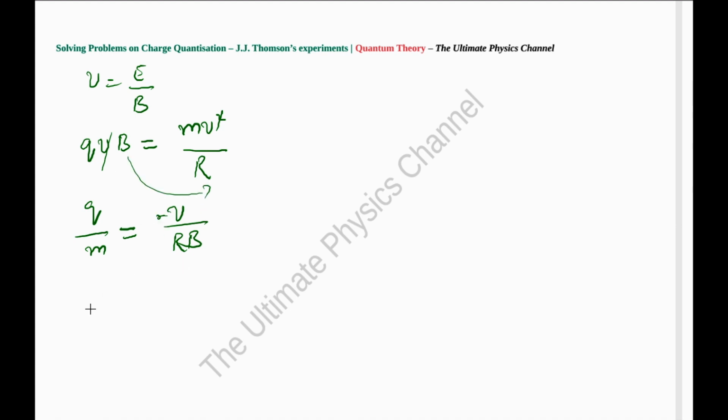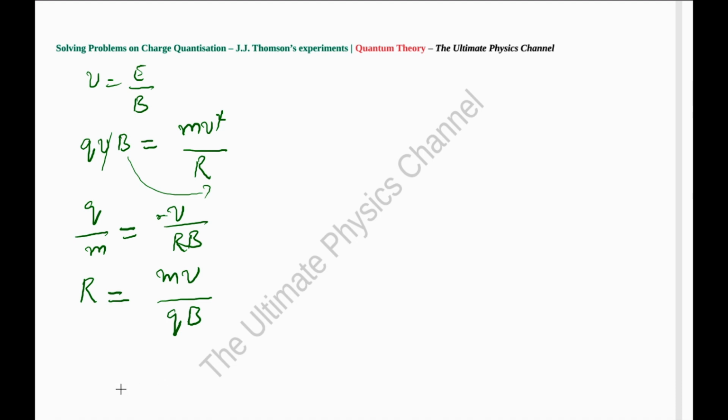So that is V over RB. Or if you want radius of curvature R, that is MV over QB. QB, or e B for electron.